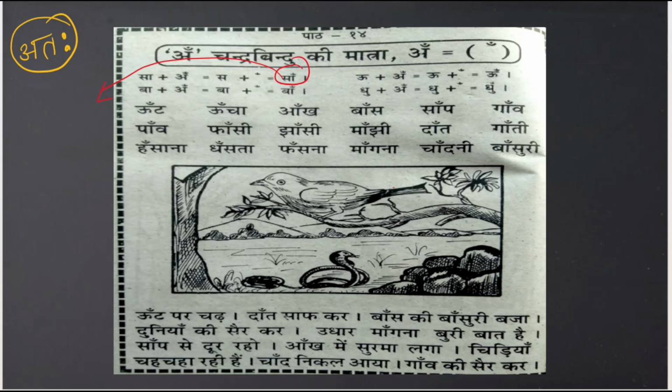This is letter Sa and this is the matra of A, and just apply this matra of Chandrabindu on the letter Sa. Now it becomes Sa with a nasal sound. The sound of Chandrabindu is produced with the help of the nose and mouth.